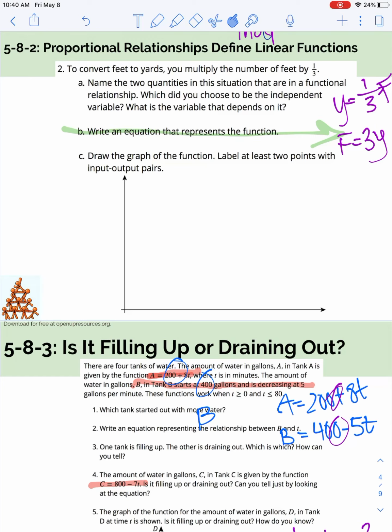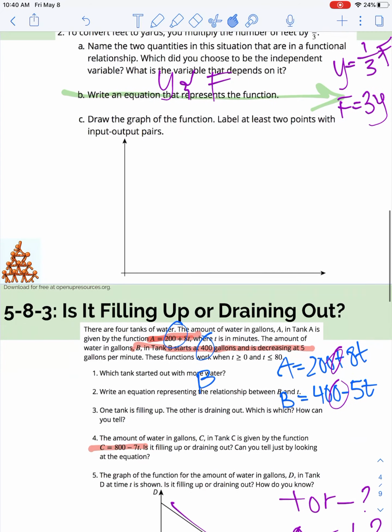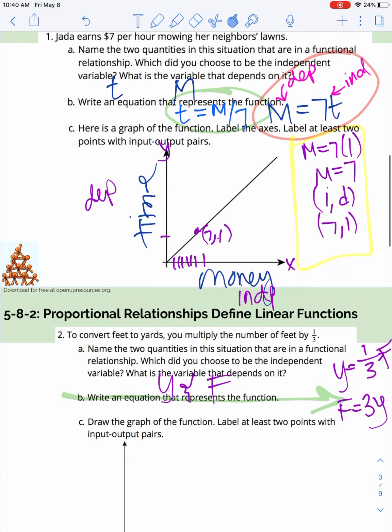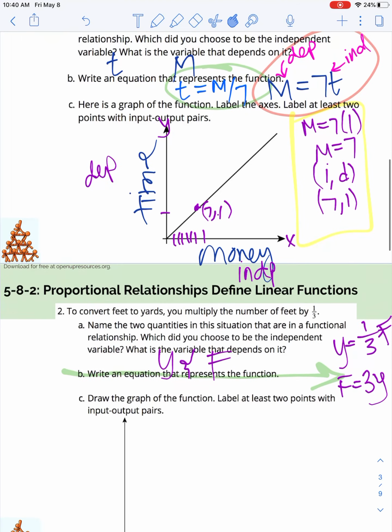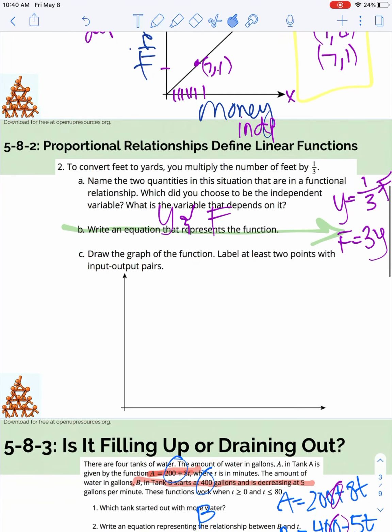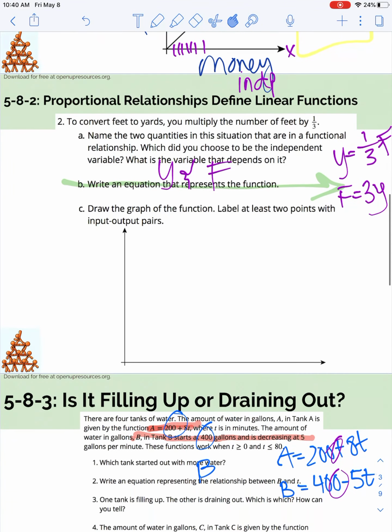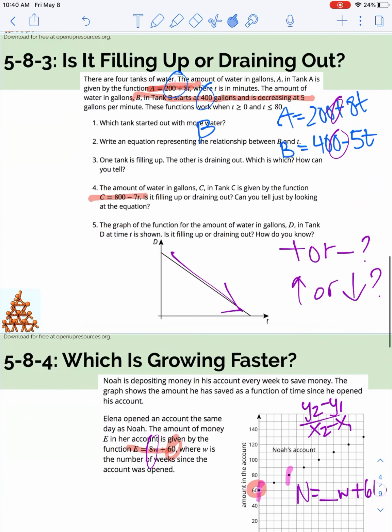The two quantities you're going to talk about are y and f, and then explain which one's dependent and independent depending on the equation you choose. And then you're going to graph it. Again, you're following what you graphed here in C, same exact setup. Depending on what equation you choose, it will change. But I want you to do that graph on your own.